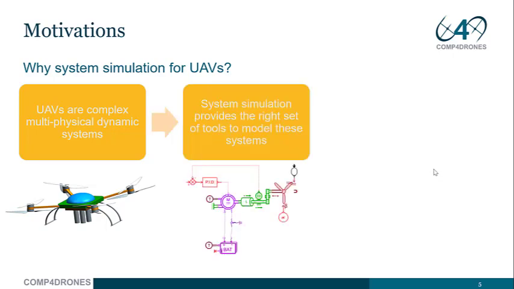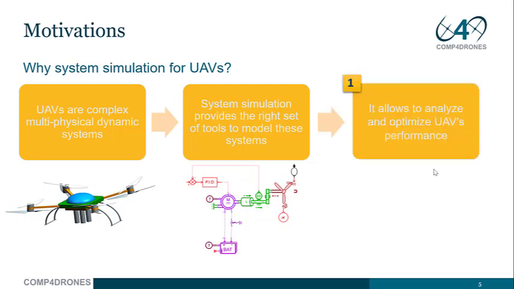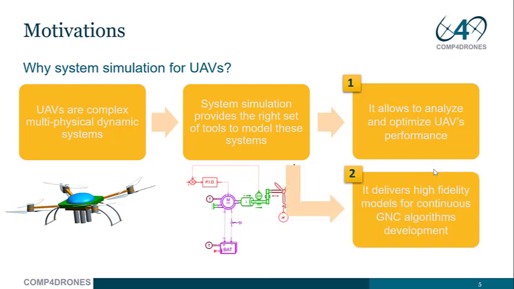So system simulation provides the right set of tools to model these kinds of systems, and of course when you can model it, you can simulate, analyze, and optimize the UAV performance. On top of that, you can create high-fidelity models for continuous guidance navigation algorithms development.